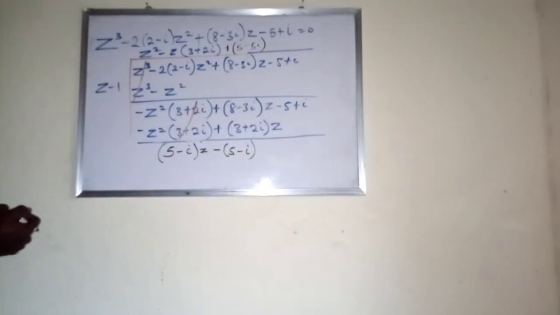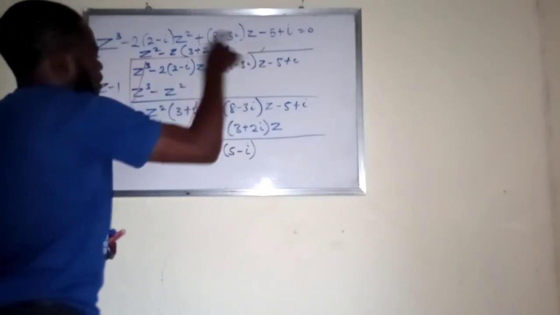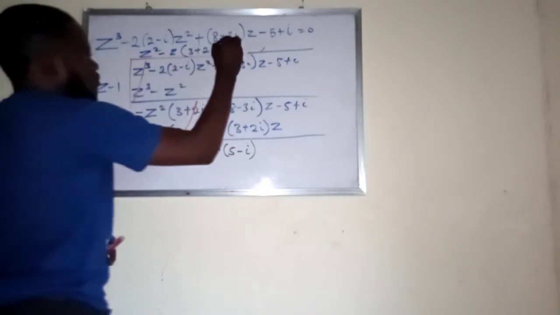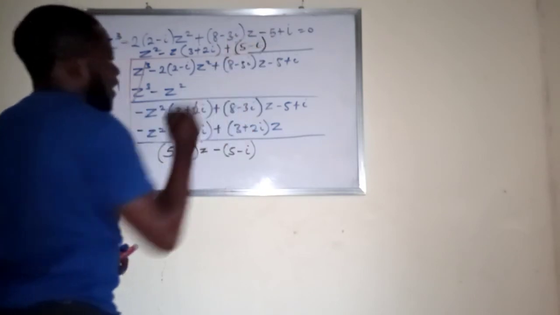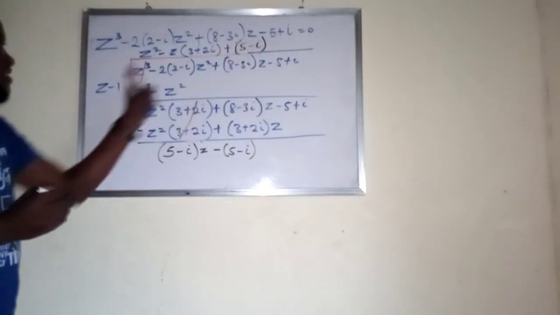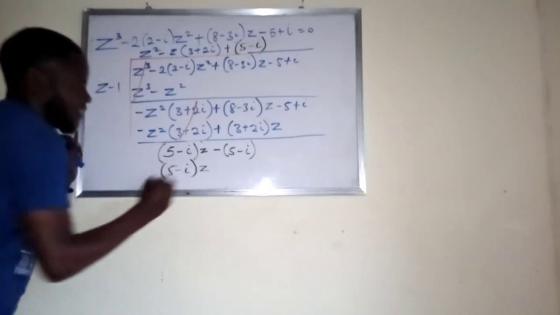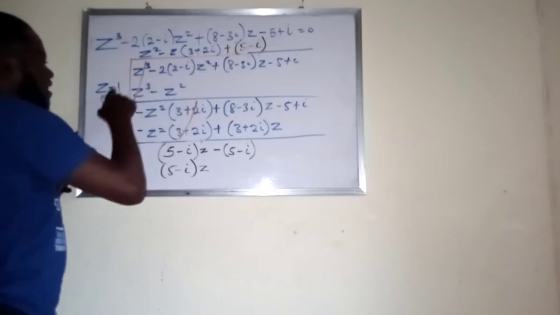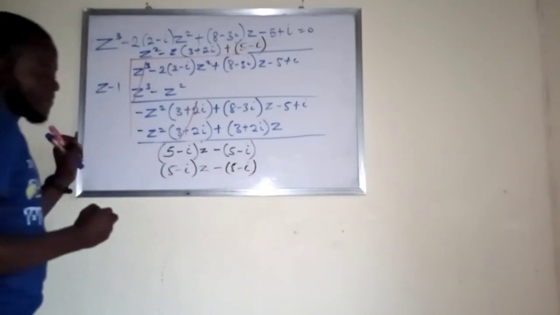So this divided by this will now become plus 5 minus i. So this times this will become 5 minus i z. Then this times this will become minus 5 minus i.